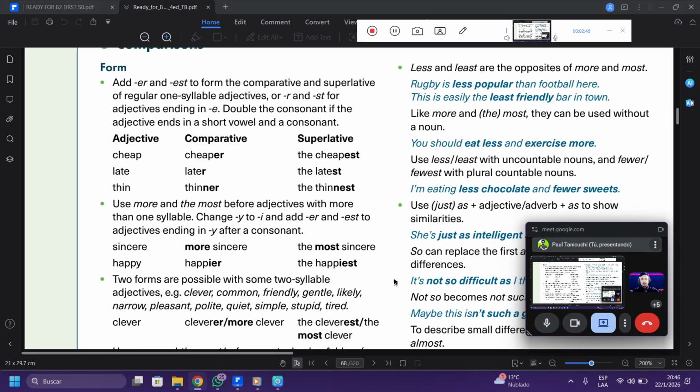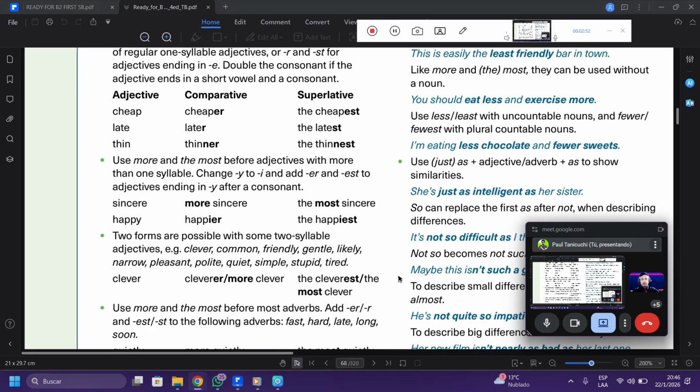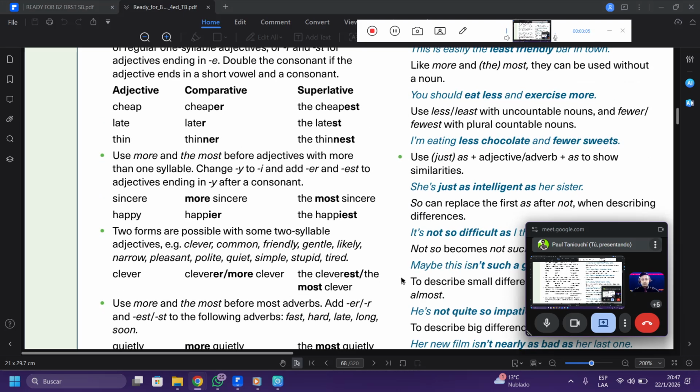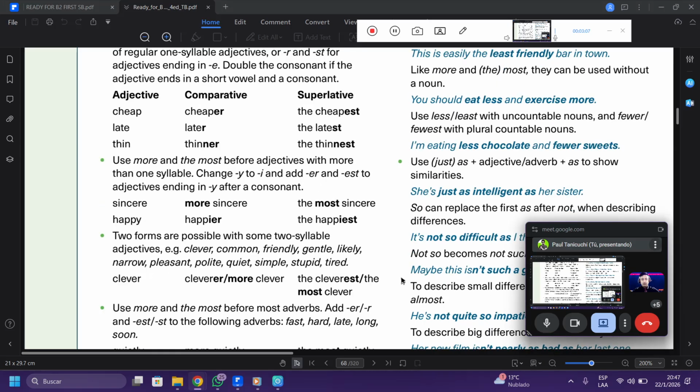Two forms are possible with some two-syllable adjectives. Example: clever, common, friendly, gentle, likely, narrow, pleasant, polite, quiet, simple, stupid, tired. Clever, cleverer or more clever, the cleverest, the most clever. Okay, thank you so much.